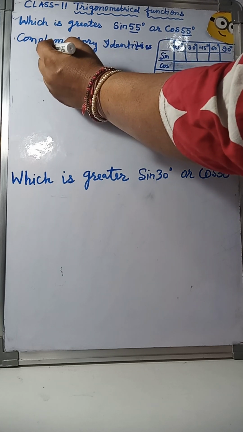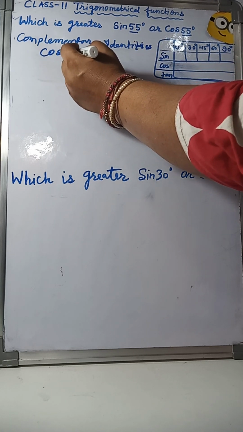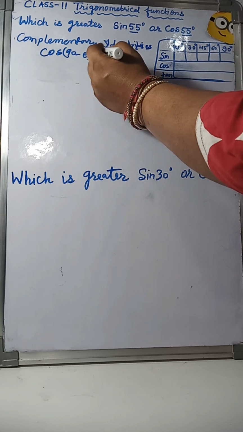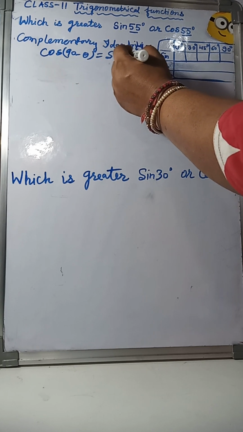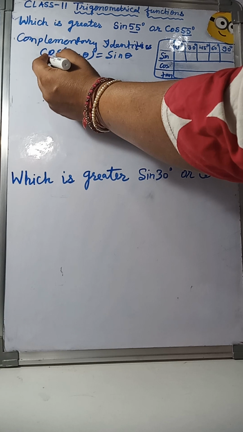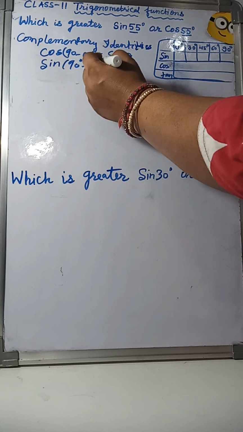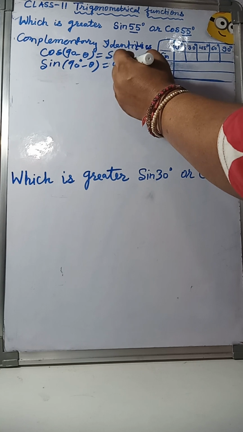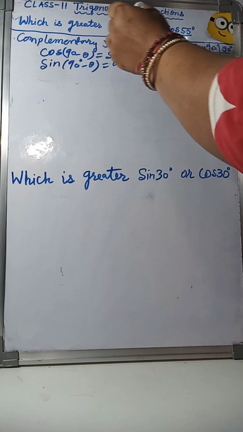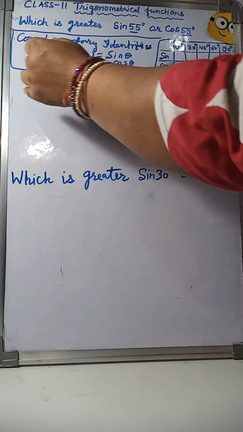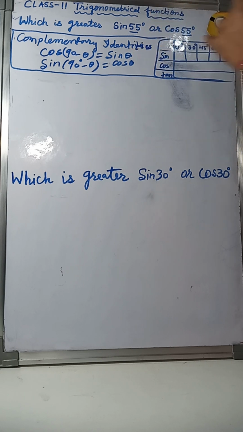We know that cos 90 minus theta is equal to sine theta. You already read this in class 10, and sine 90 minus theta is equal to cos theta. This is your previous knowledge. All this I wrote here is your previous knowledge.